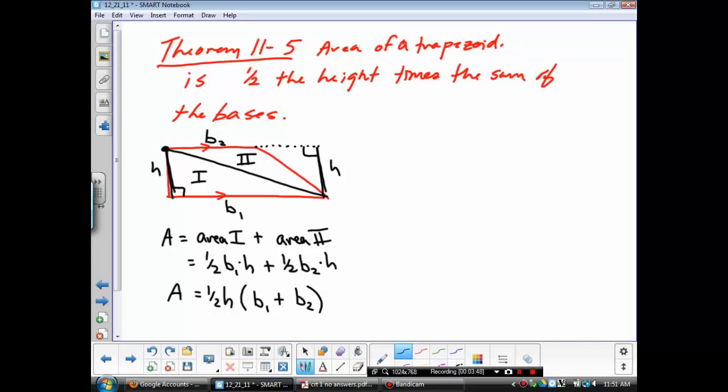But this brings us to something else that's important about trapezoids, and that is the length of the median. A median of a trapezoid is a segment that joins midpoints of the 2 legs.